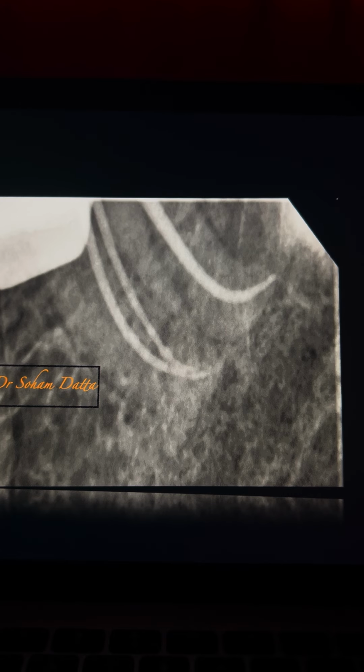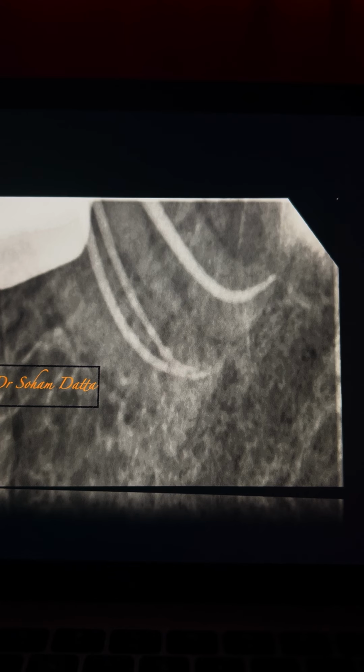We take the working length by apex locator, but after the biomechanical preparation, whatever file you are using, maybe it is a super flexible file, some amount of loss of canal length is obviously going to happen.